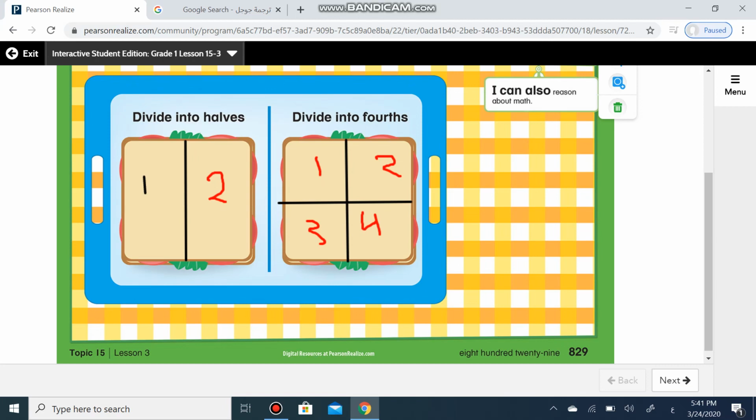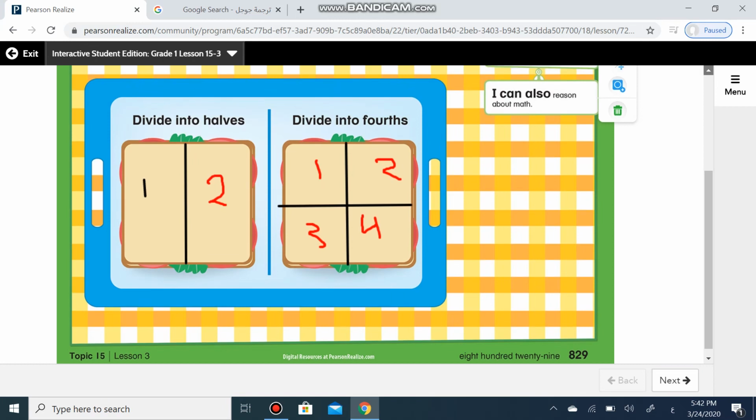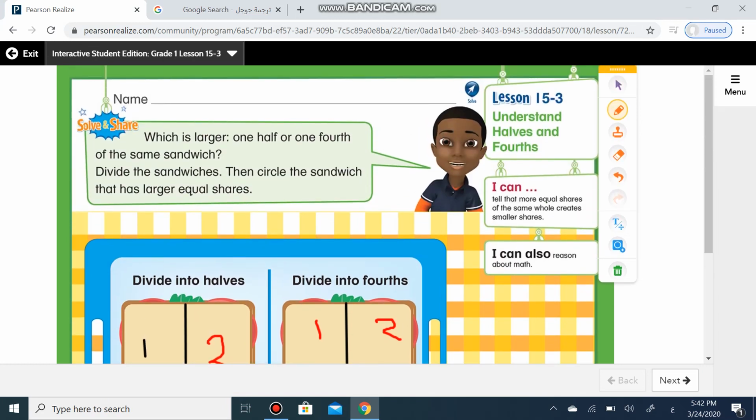I have 4 equal shares, so I have the smaller share than the first sandwich, because the first sandwich has two what? 2 equal shares. Very good. So don't forget that if I have more equal shares, then I have the smaller share. This is our lesson today to understand halves and quarters, or fourths.